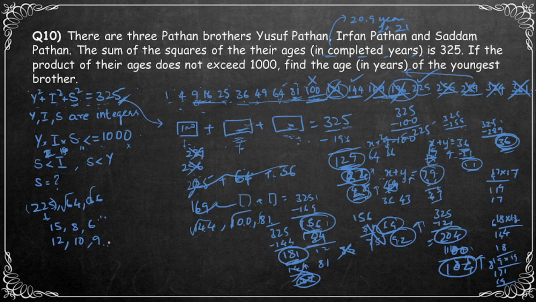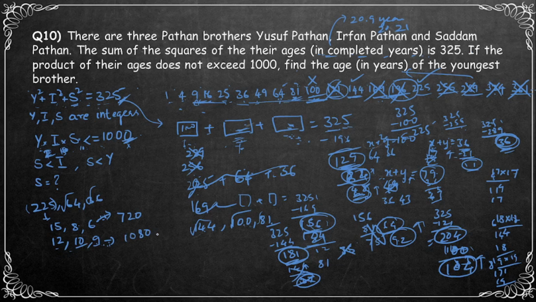Now one of these values is correct, or maybe two, we don't know. So it should satisfy this equation as well. When we multiply them, their value should be less than or equal to 1000. Multiplying 15 into 8 is 120, 120 into 6 is 720. Now multiplying 12, 9 into 10, we get 1080.